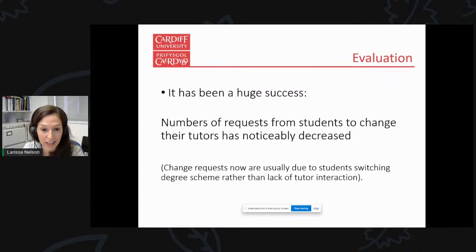Previously we had less engaged tutors, and now those tutors have been really engaged and really thankful for the help, and they've become as engaged as the others. Requests for switching are now predominantly a result of students switching degree schemes rather than because of a lack of interaction from the tutors themselves.